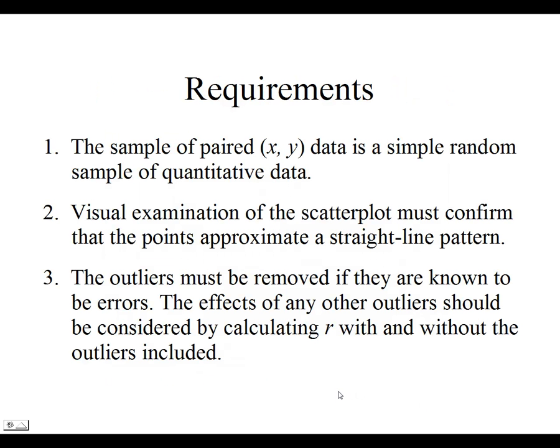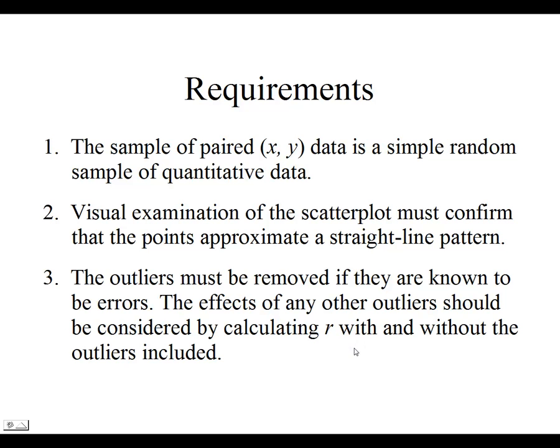So our requirements to find a correlation between data sets: number 1, we have to have paired data. For each data point, there has to be an x and a y, and it has to come from quantitative data. Number 2 is what we just talked about. We have to look at the scatter plot and confirm that a straight line pattern is appropriate.